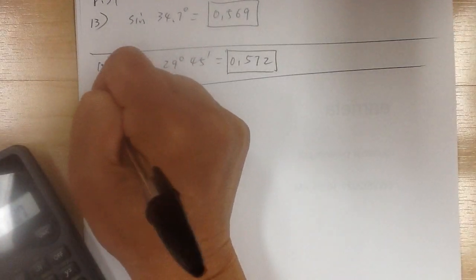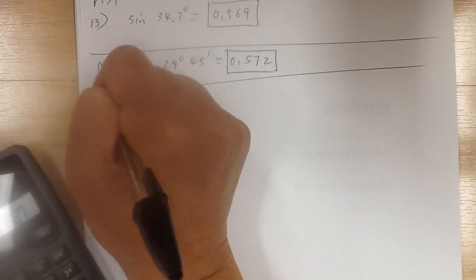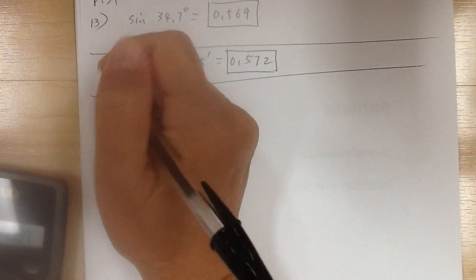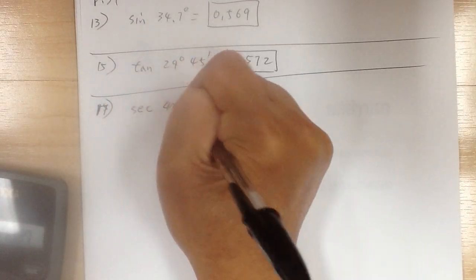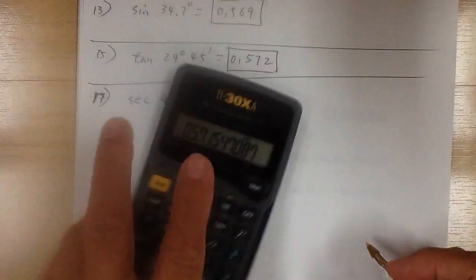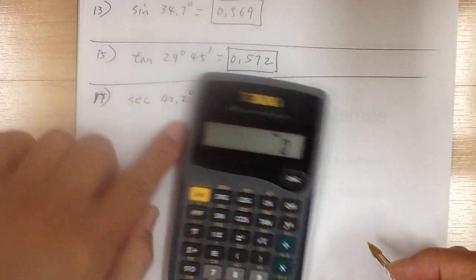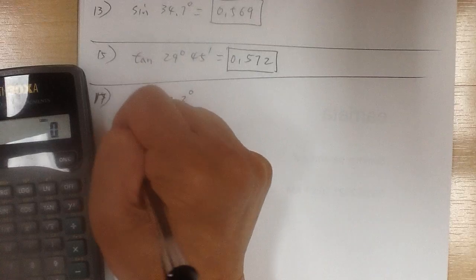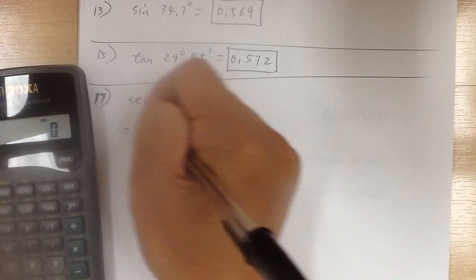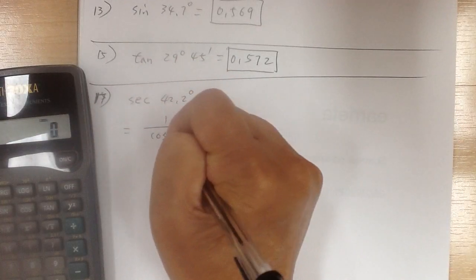Okay, next one, number 17. You have secant of 42.2 degrees. Now, if you look on your calculator, there is no secant function. So what you need to do is make this equal to 1 over cosine, since secant is 1 over cosine.